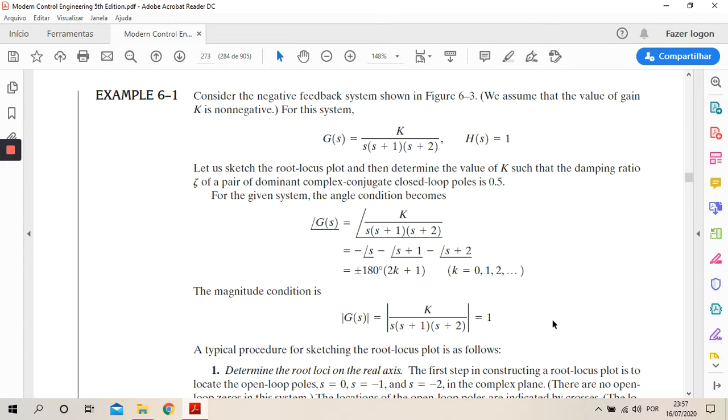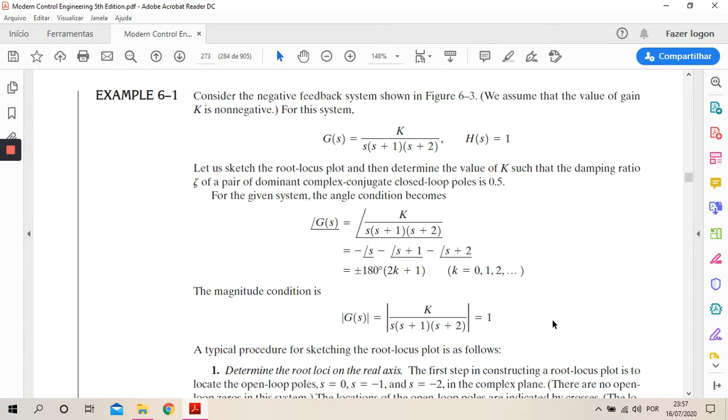Now let's analyze the conditions, the angle condition and the magnitude condition. For the given system, the angle condition becomes the angle of G(s) times H(s), which is simply the angle of G(s), because H(s), as we saw, is equal to 1.